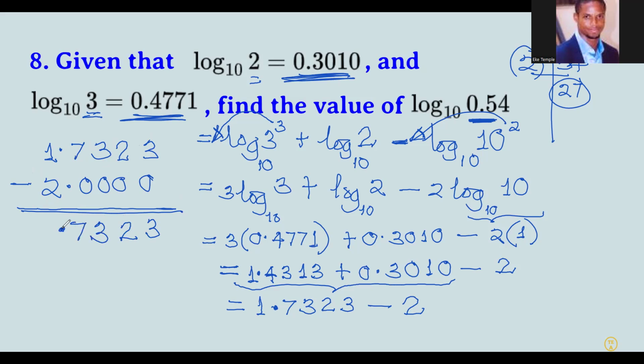Decimal point retained. And 1 minus 2 now. 1 minus 2 is actually minus 1. But we can't write that minus 1. We're going to write it as bar 1. So it is bar 1. And our final answer is bar 1.7323.